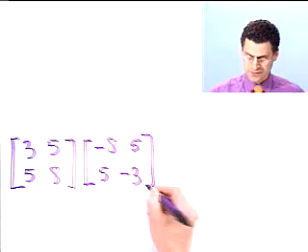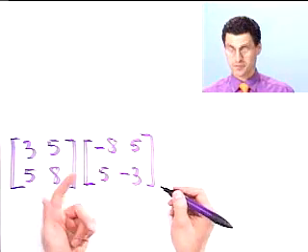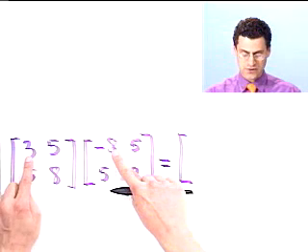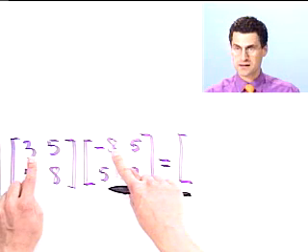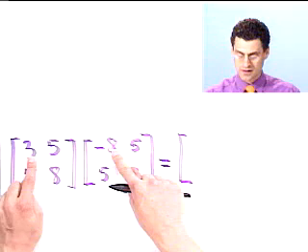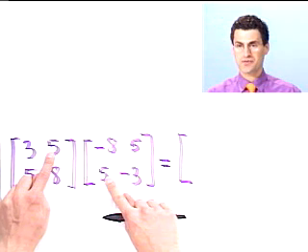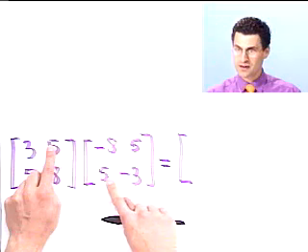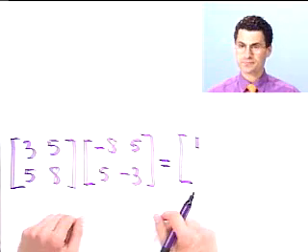This is a completely different matrix, you'll notice. But let's just do the matrix multiplication and see what we get. Here I see 3 times minus 8, which is minus 24, and then I add 5 times 5, which is 25. So I have minus 24 plus 25, that's just 1.